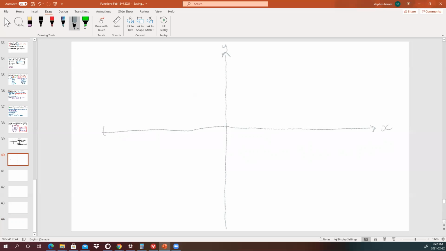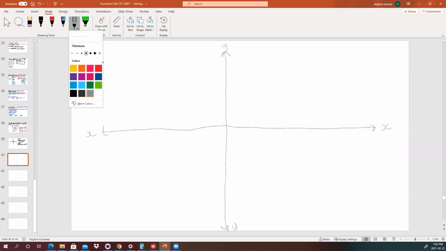So let us say we have this Cartesian plane, and we are going to plot a line on it, right? Let's say we plot a line on it. This is a line we're going to be concerning ourselves with.